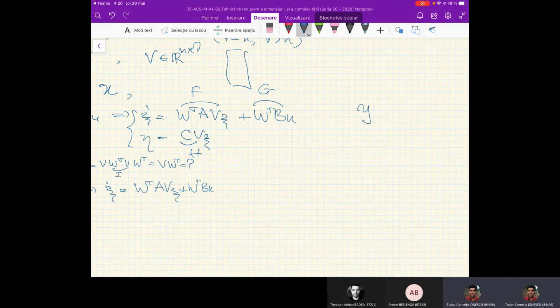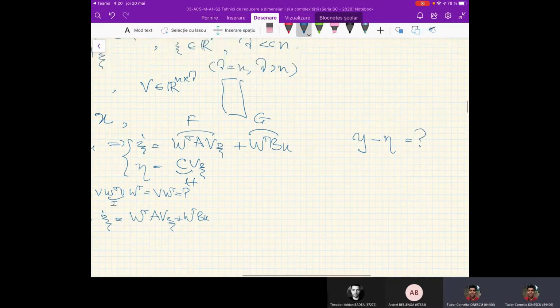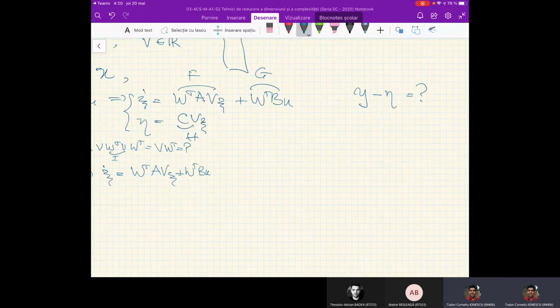Is eta close to Y? What's the criterion? Okay, relating these two quantities. What is the criterion? This is the question we are trying to answer.